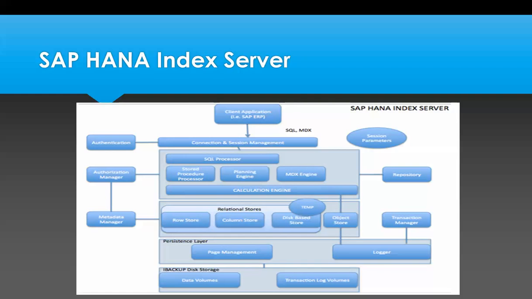Then we have the relational stores with us. See, SAP has further segmented the storage of in-memory data into compartments within memory for speedier access. Traditionally, all the databases, database management systems are relational, and they store the data row-wise.